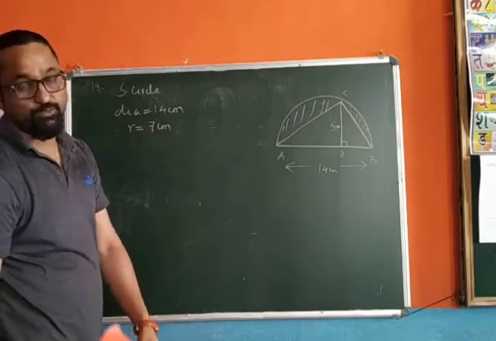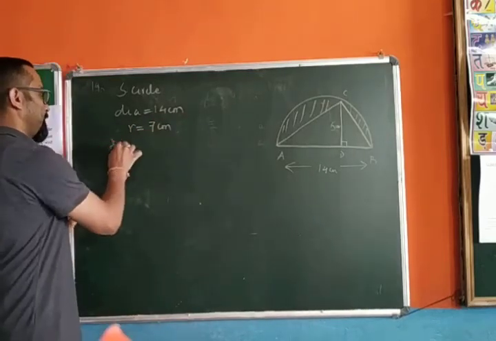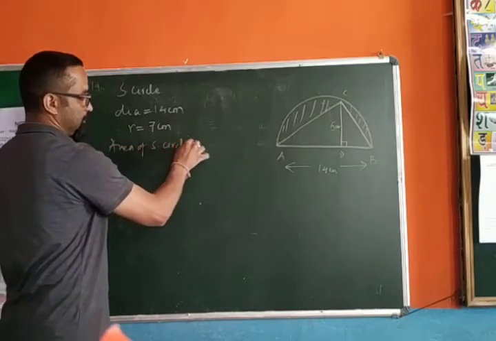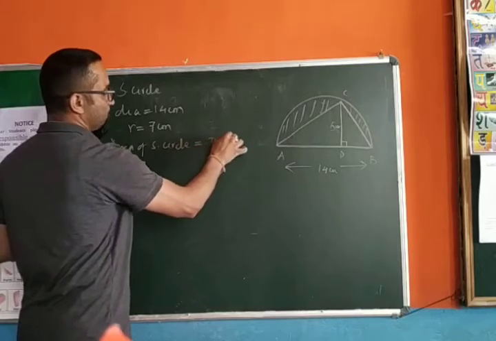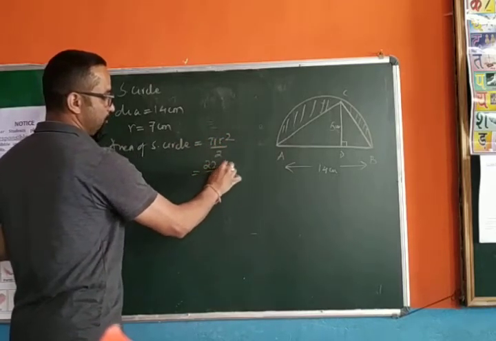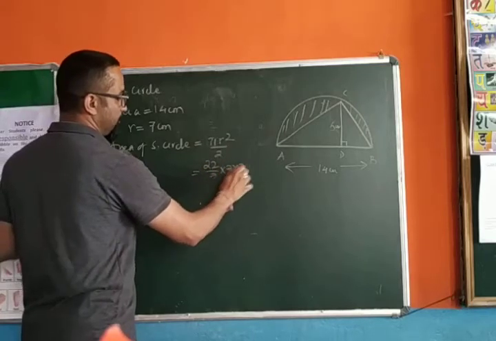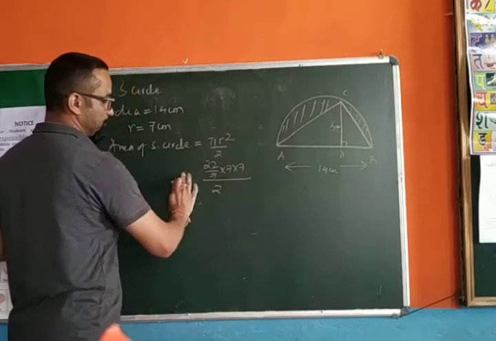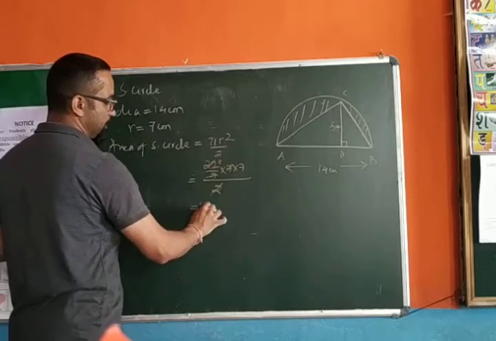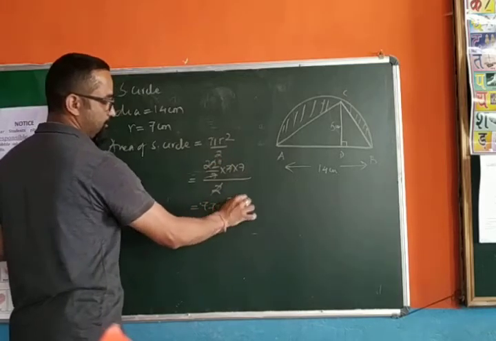And after this we get the area. Area of semicircle is pi r squared divided by 2. 22 by 7, 7 by 2. 7 cancels 11 times, you get 77 centimeters squared.